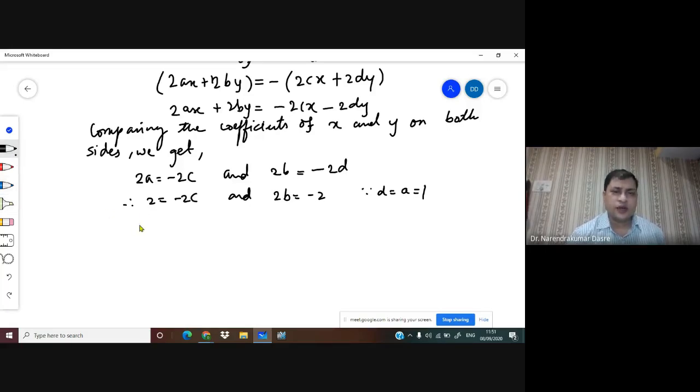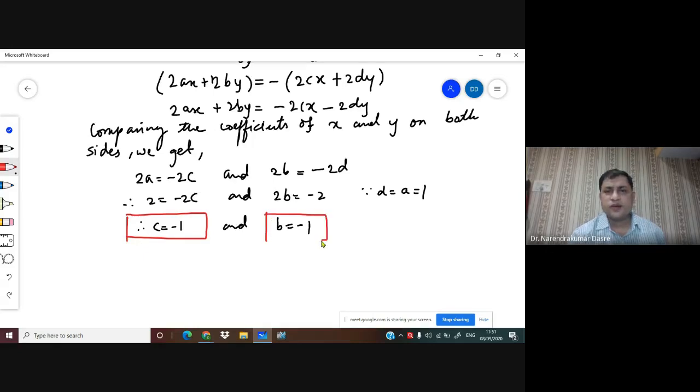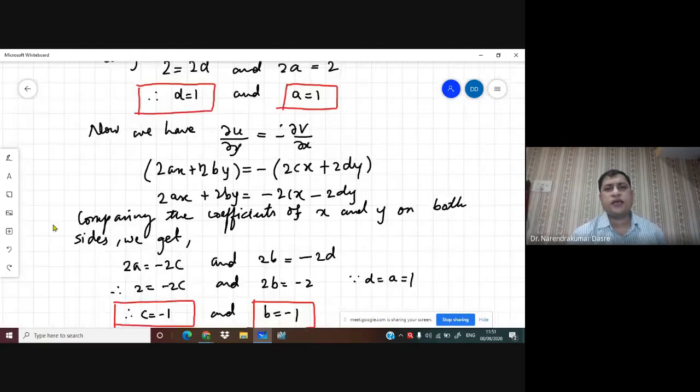And from here we can write that c is equal to minus 1 and b is equal to minus 1. So b is equal to minus 1. This way we are able to get the value of a, b, c, and d.